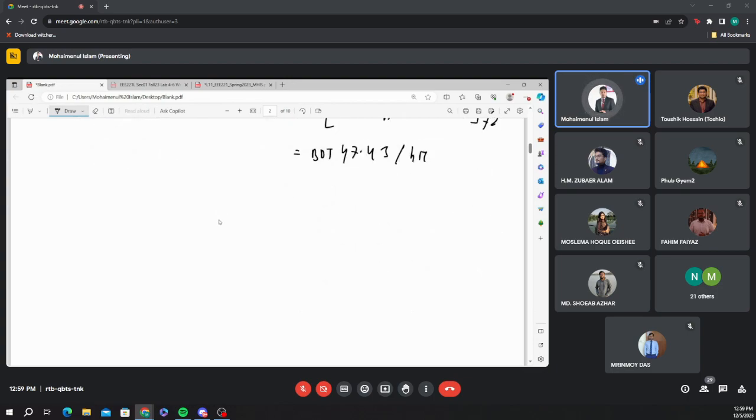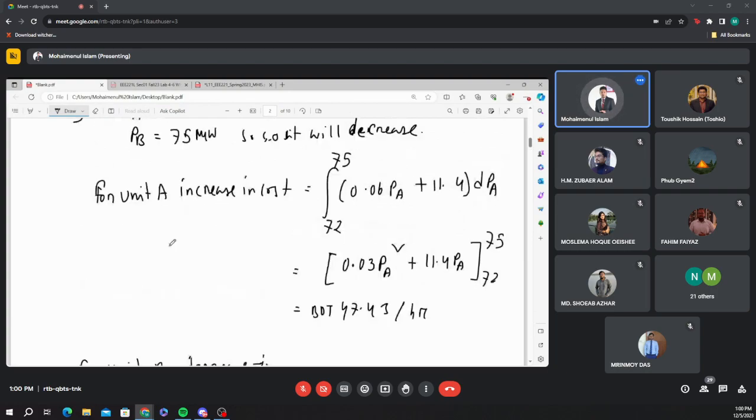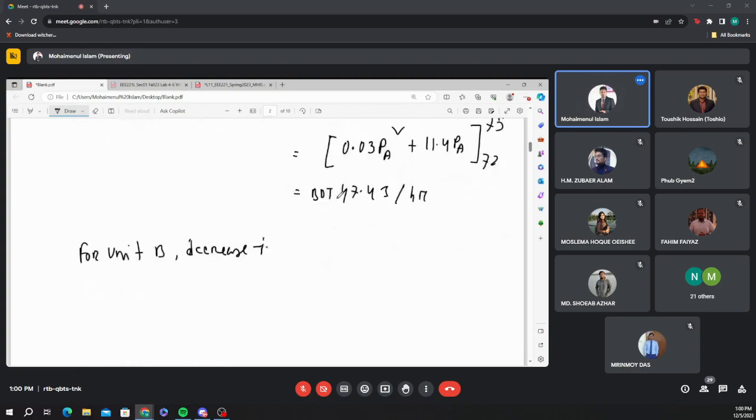And for unit B, decrease. Suppose in our scenario we are calculating the increment, as it is integration. So for decrement, you need to calculate the same thing, but the limit should be different.